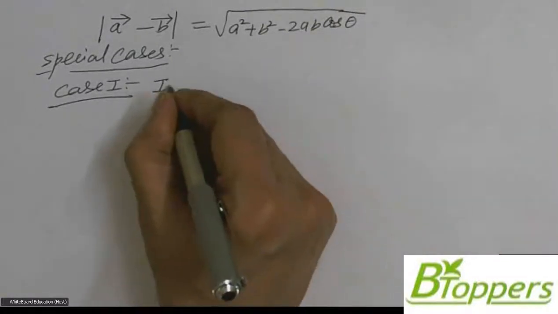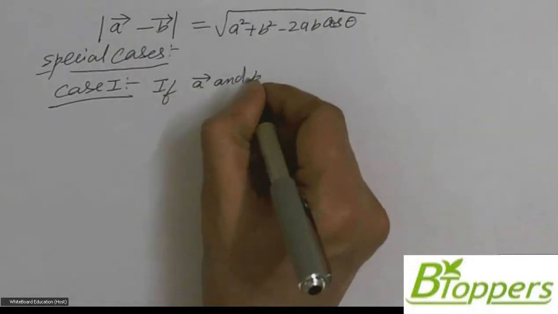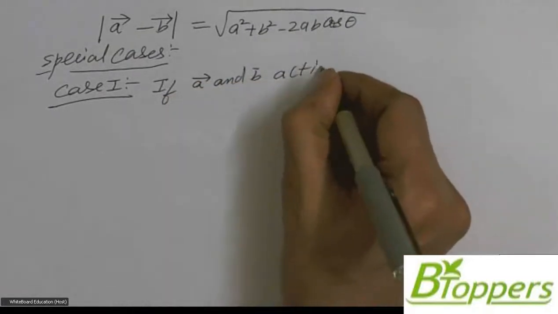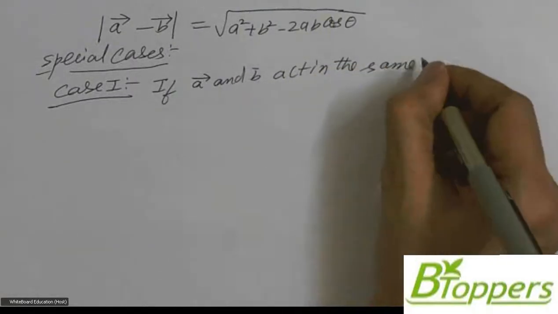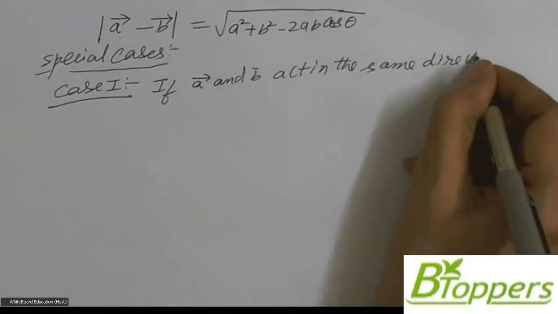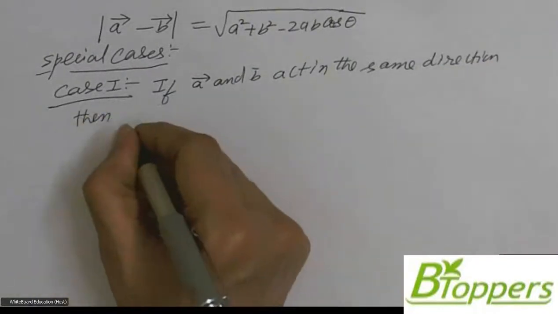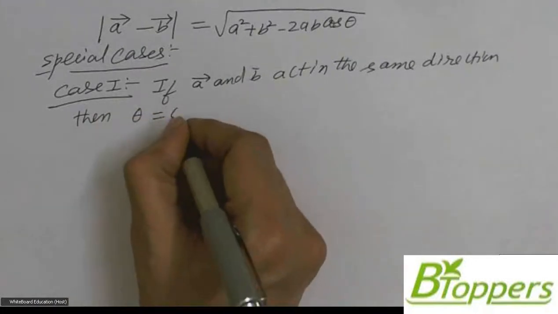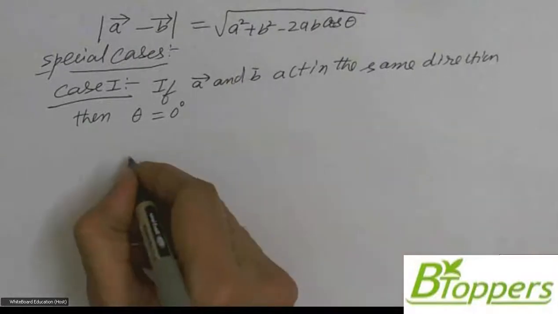Case 1. Suppose the two vectors a bar and b bar act in the same direction, and the angle theta between the vectors a bar and b bar can be taken as 0 degrees.